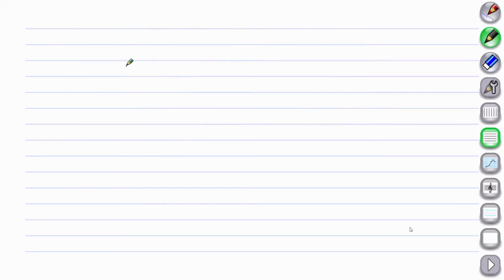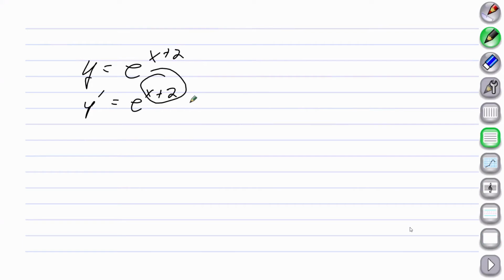So the key is if it's e to the something up here, say x plus 2, then it's going to be e to the x plus 2 times the derivative of x plus 2, which is 1. So you're going to have to take the derivative of that.